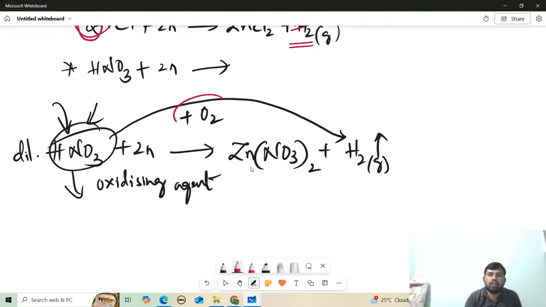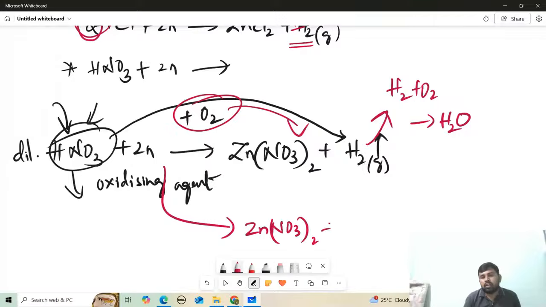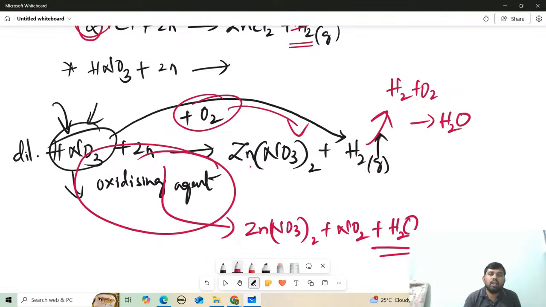This addition of oxygen will take place, and H2 plus O2 gives rise to H2O. What are the final equations here? It has to form the above product, but instead Zn(NO3)2 plus NO2 gas plus H2O will form. What is the reason? Because HNO3 acts like an oxidizing agent. It will add the oxygen to the produced hydrogen gas.